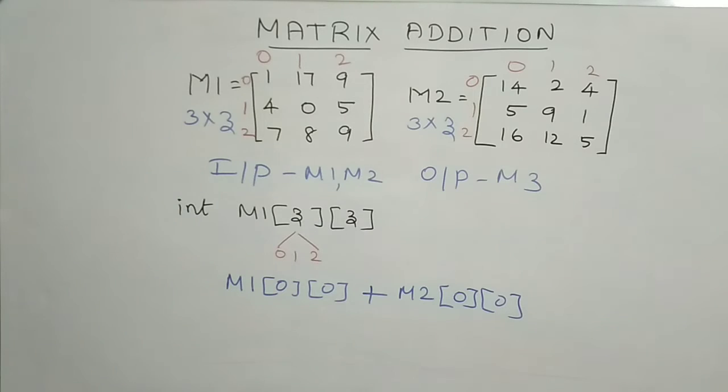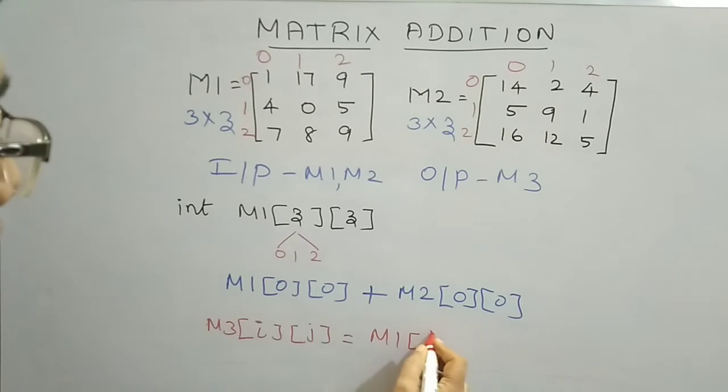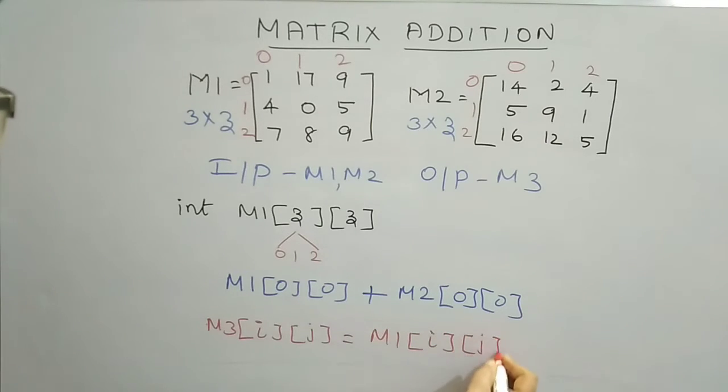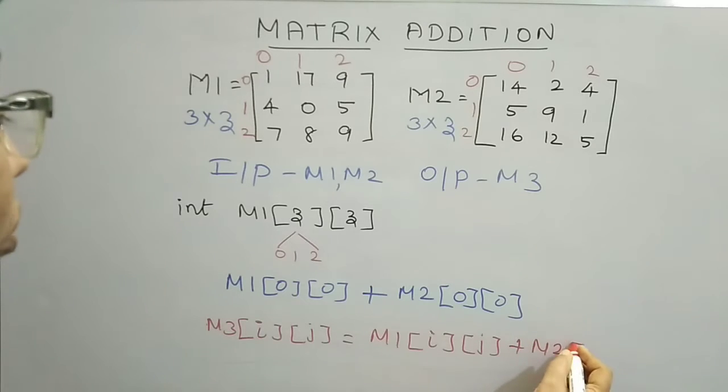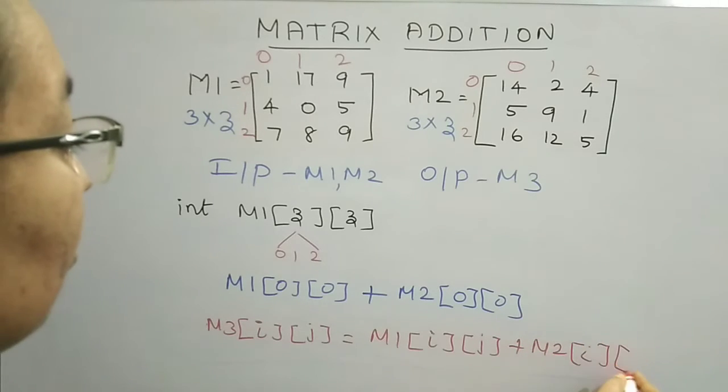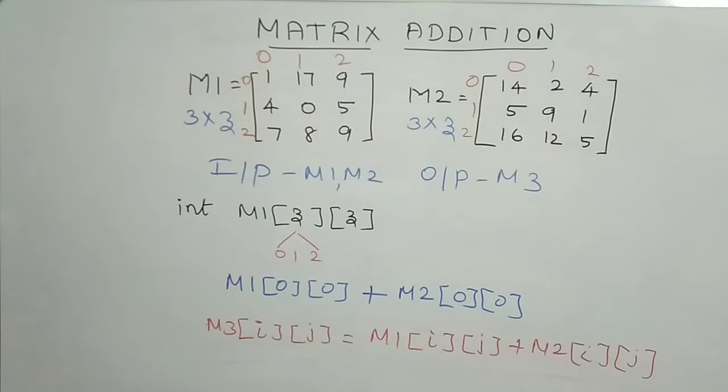In general, I can write M3 of i j is equal to M1 of i j plus M2 of i j. The element in input matrix M1 at index position i and j is added with the corresponding element in the next input matrix M2 at the same index position i and j.